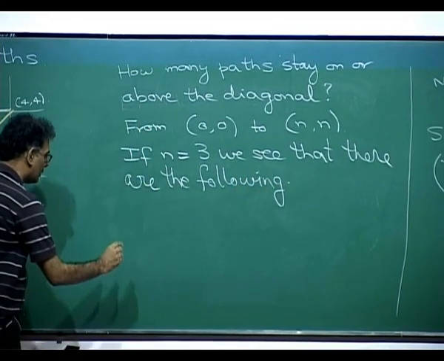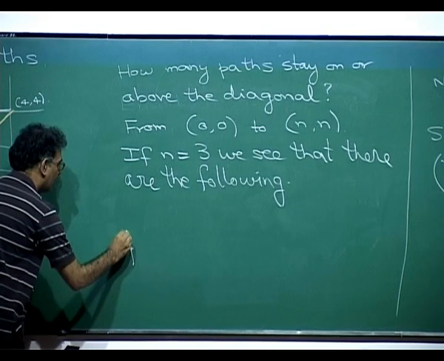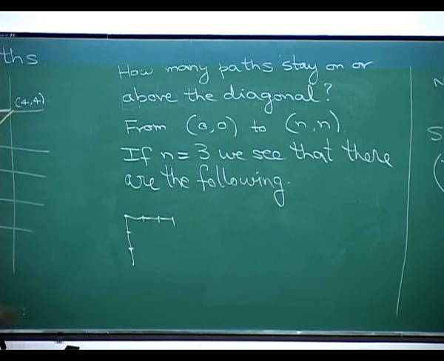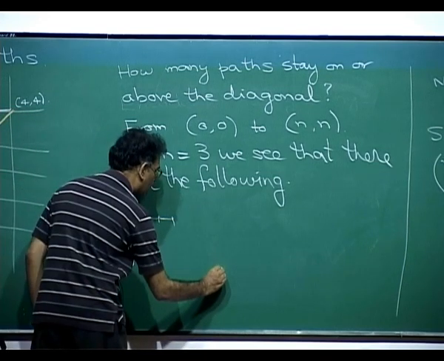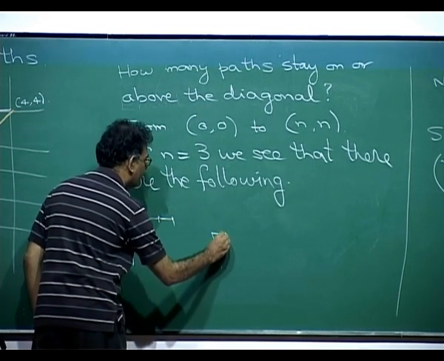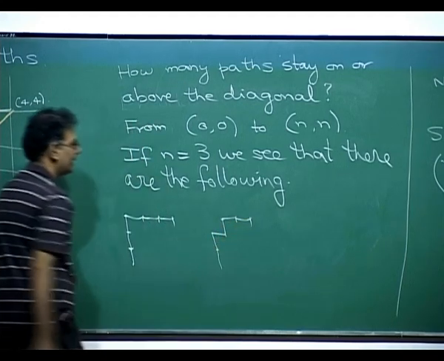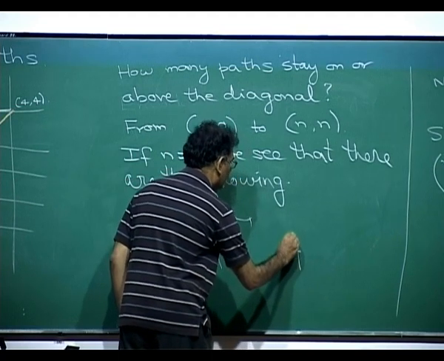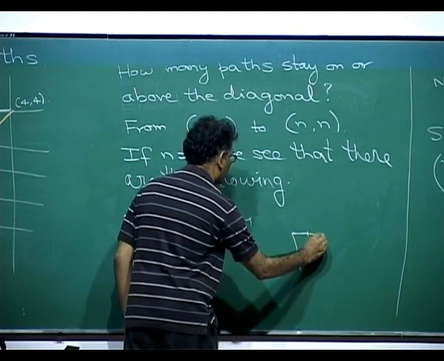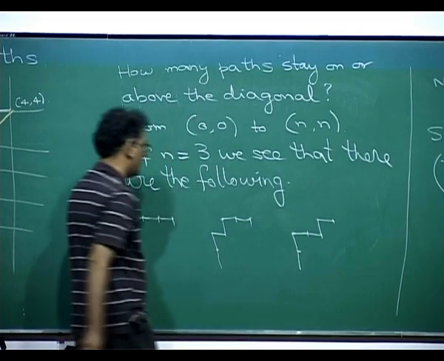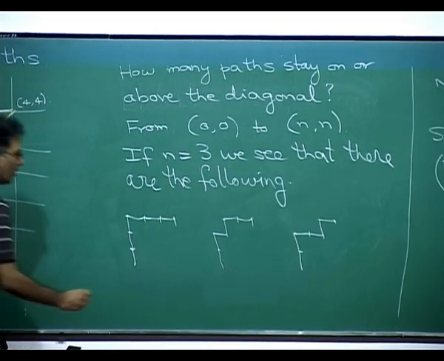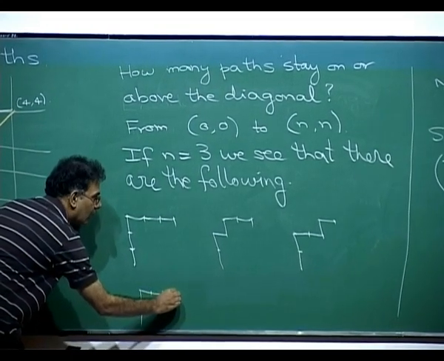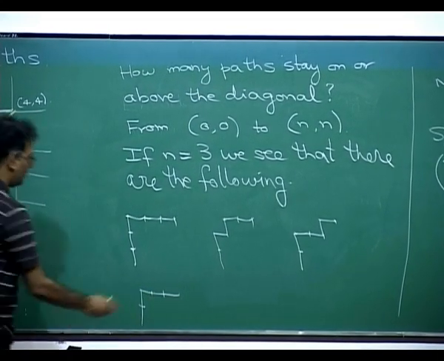So what are the paths? So either you can go all up and then all right, that's completely above, or you could go 2 up, right, right, that's one, or you could go 2 up, right, up, right, or you could go 2 up. Okay, no, that's not allowed.